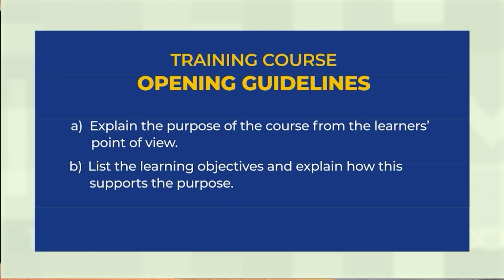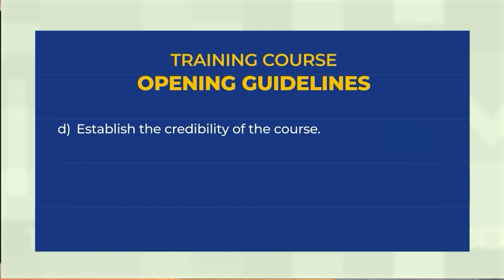B. List the learning objectives and explain how these support the purpose. C. Describe the agenda of the course and how the learning objectives will be achieved. D. Establish the credibility of the course by mentioning how it was designed and developed.